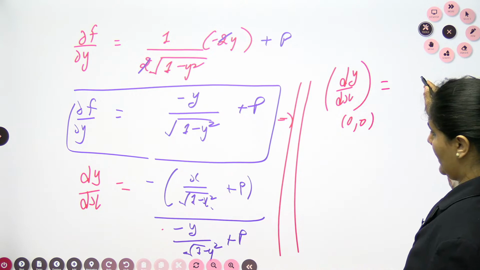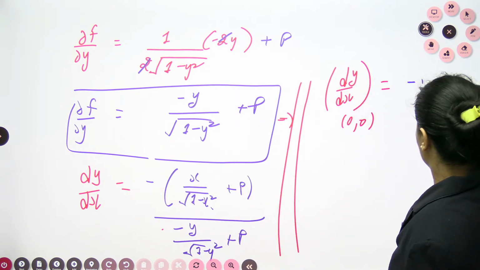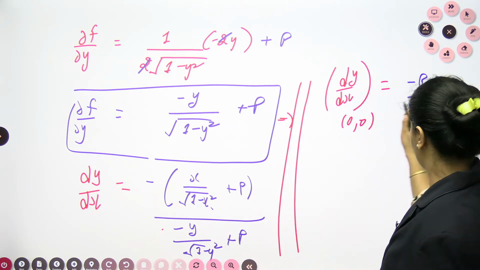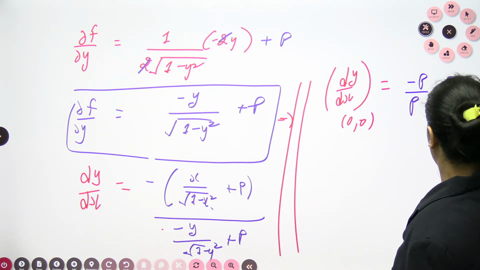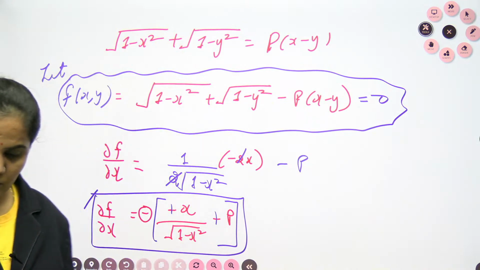So I have minus p divided by plus p, minus p by plus p. So my result will be minus 1.